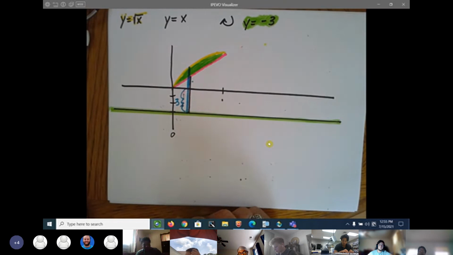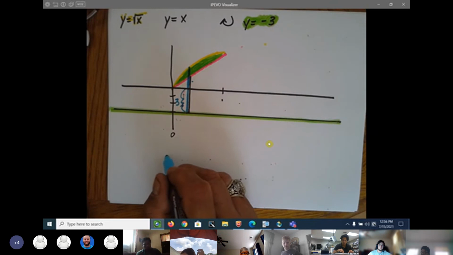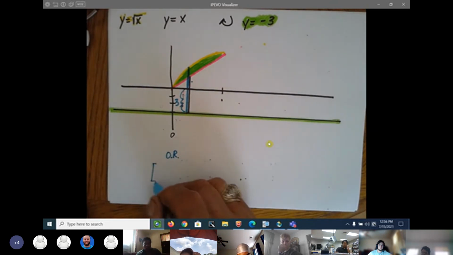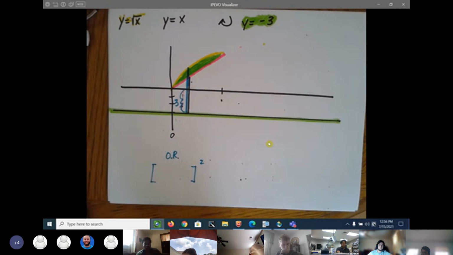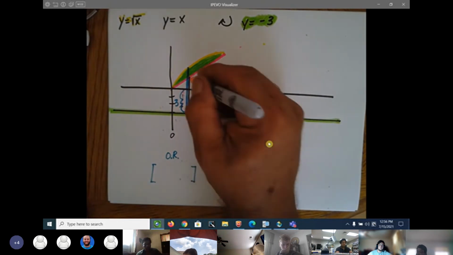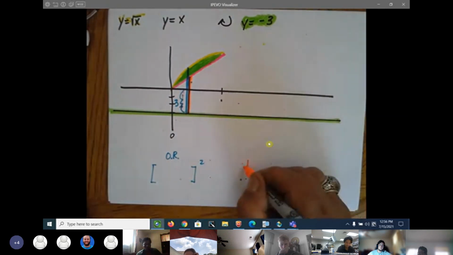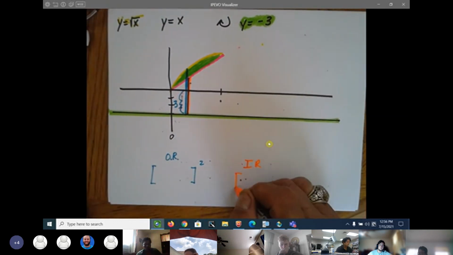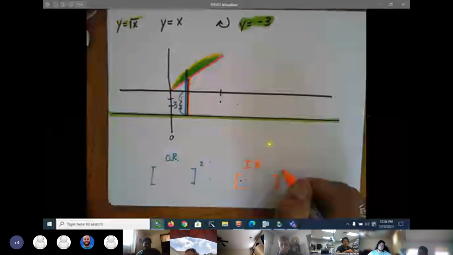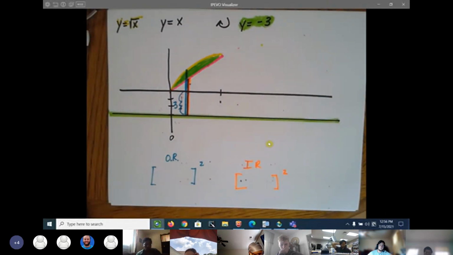So what's our outside radius? The blue. And our inside radius, I'm going to do that in orange. Our inside radius is in orange. And we always subtract.